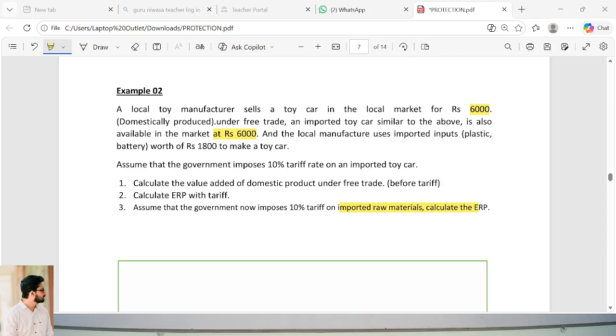In the second question, they asked the ERP with a 10% tariff rate on the imported toy car, the final good, because up to the second question they haven't mentioned anything about tariff on imported raw materials. Then I want you to calculate ERP after tariff, but with only one tariff rate, on the imported final good. The third question says the government has now imposed two types of tariff, the same percentage: 10% on imported goods and 10% on imported raw materials.